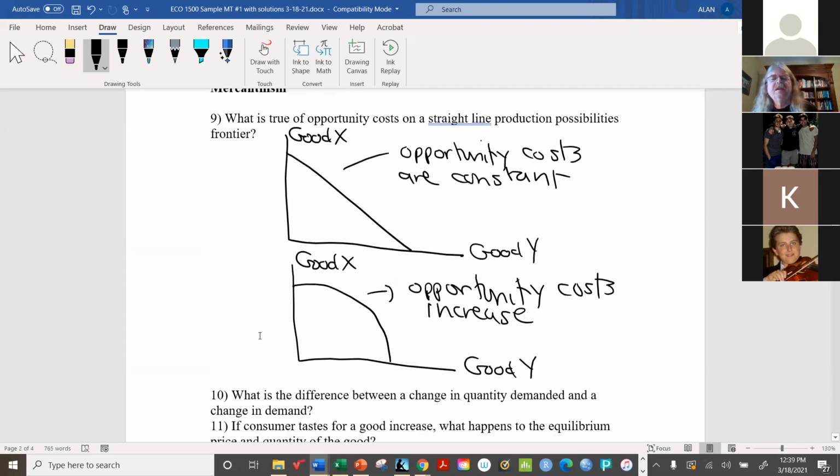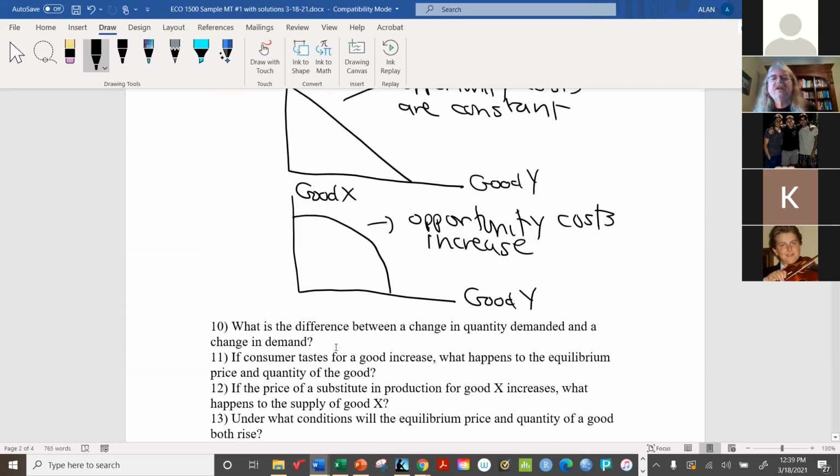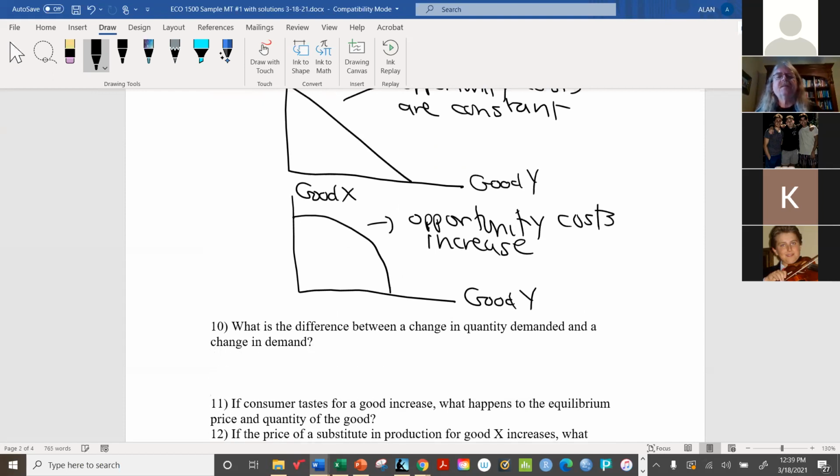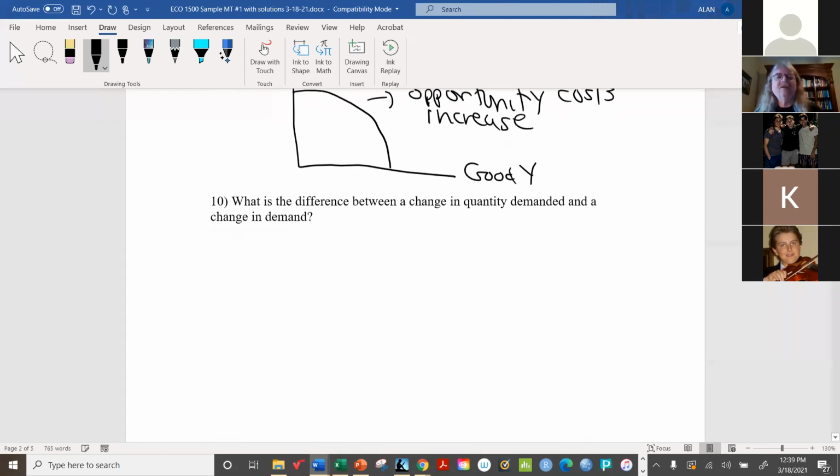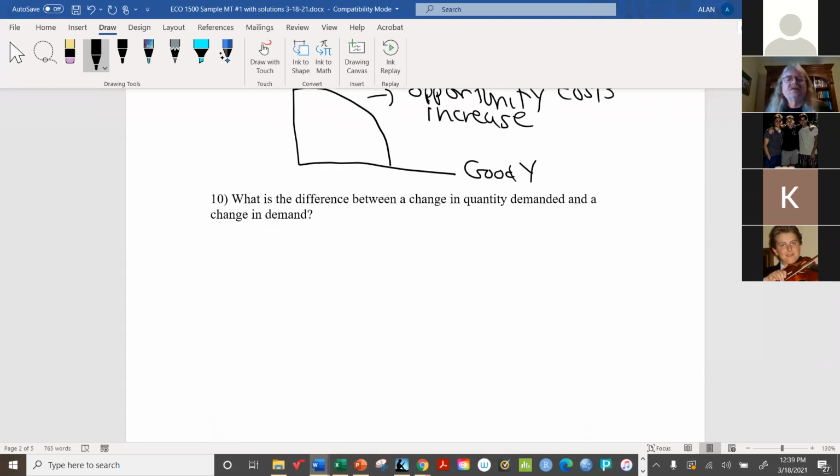Very good. Now, what is the difference between a change in quantity demanded and a change in demand? Now, it doesn't say that you must draw a picture, but I want to draw a picture just to remind you what this actually looks like. Actually, let me draw two diagrams side by side, just so you can see it more clearly.